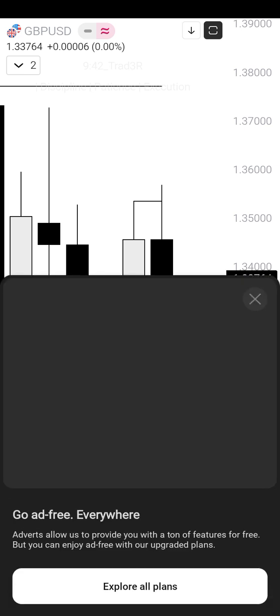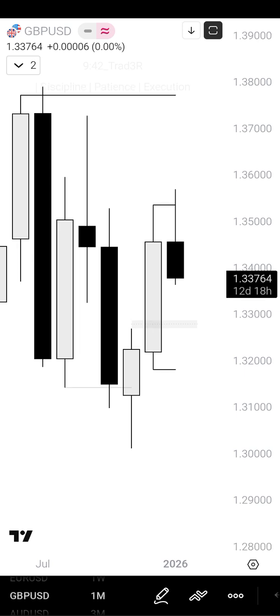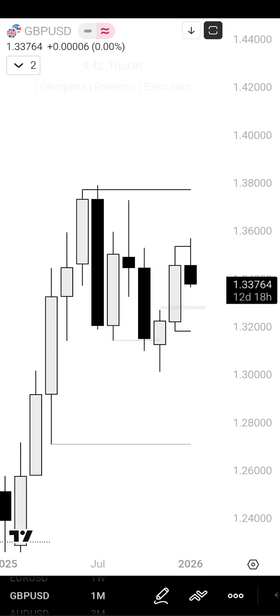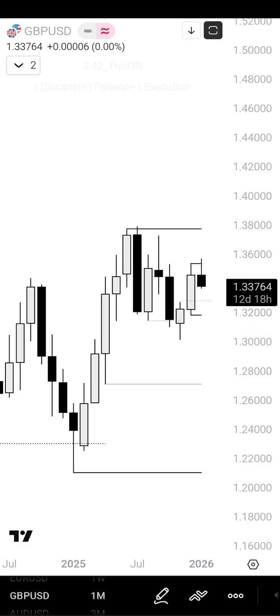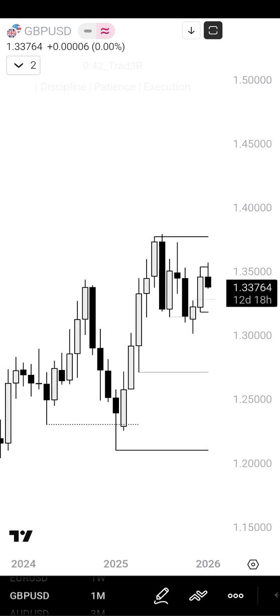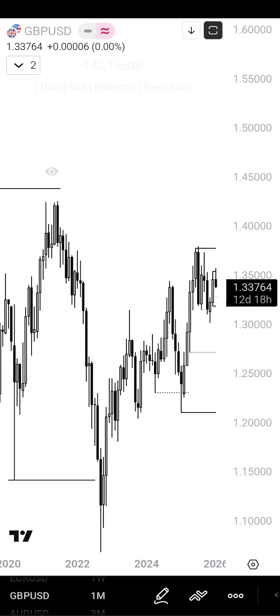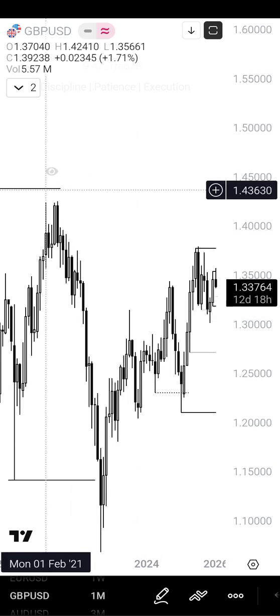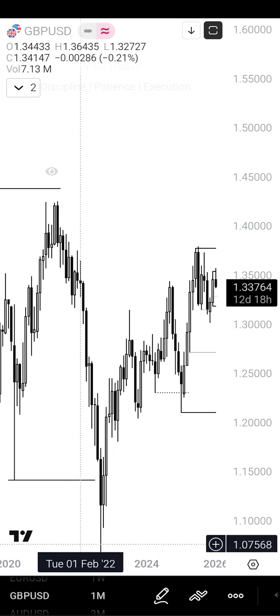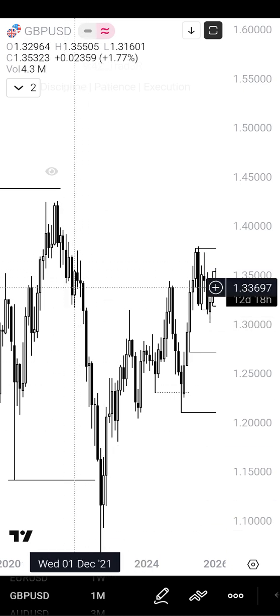So let's dive deep. Last week on GBPUSD, I was looking for lower prices. Why? Because on the overall time frame, price is bullish. However, we came to premium levels of this range high, range low, and we took out this old swing high.